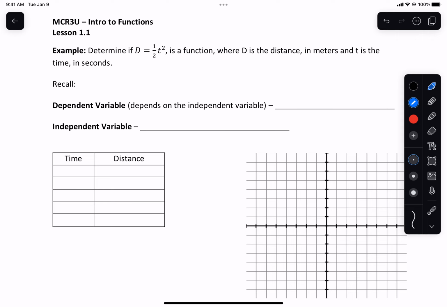So in this particular instance, distance is going to be the dependent variable. That's the y-axis. And the independent variable is going to be time, the x-axis.